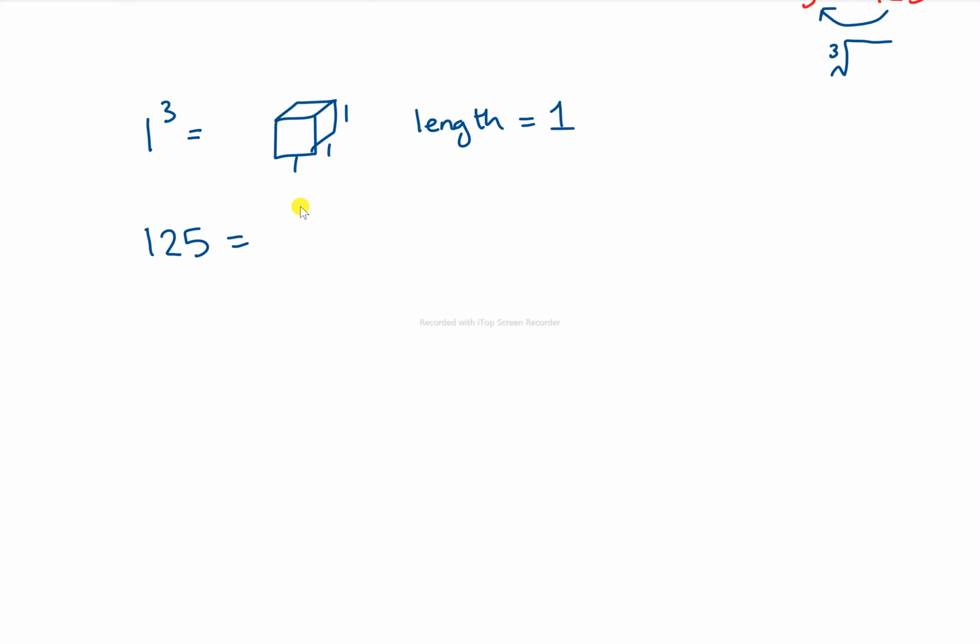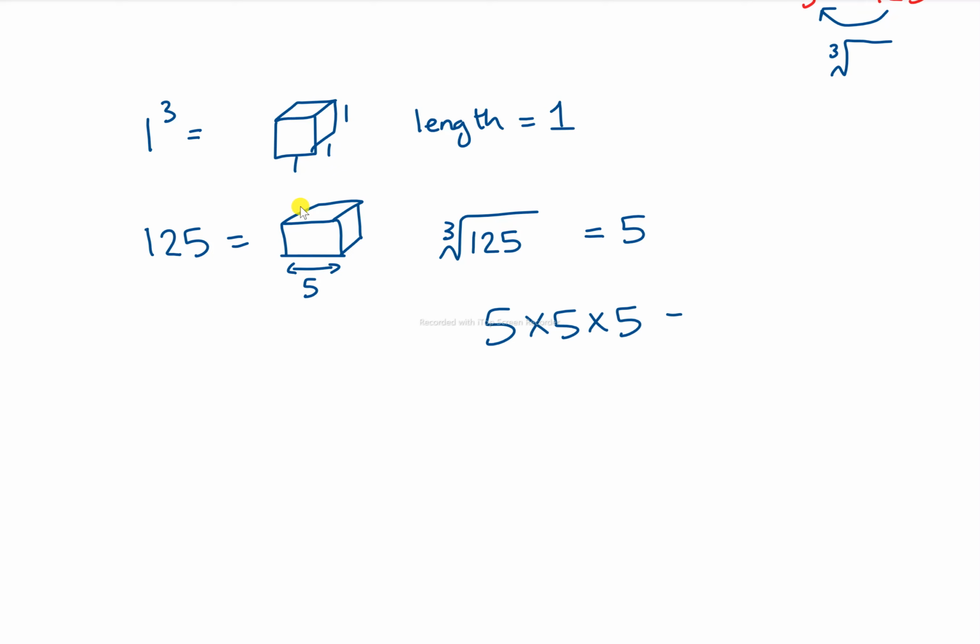How do you get from there to the side length? That's a cube. What is this length? It's 5. Why? Because you did the cube root of 125. What's the cube root of 125? 5. Why? Because 5 times 5 times 5 is 125.